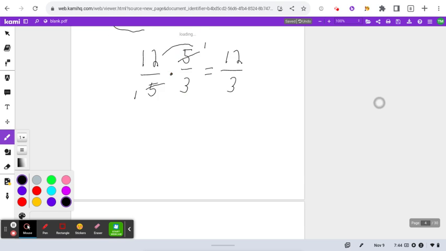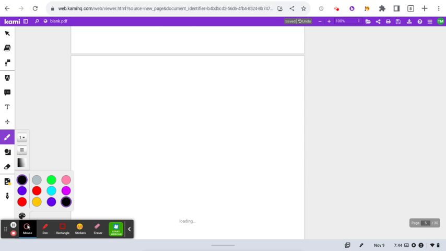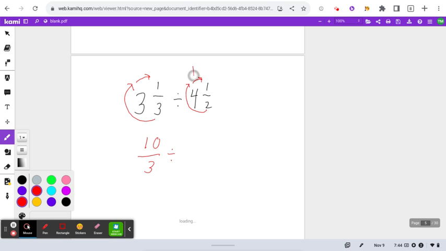Now going to division. Similar process. So if you had 3 and 1/3 divided by 4 and a half. So you'd still do the backward C. So you'd go 3 times 3 is 9. 9 plus 1 is 10. So 10 over 3. And then divided by 2 times 4 is 8. 8 plus 1 is 9.